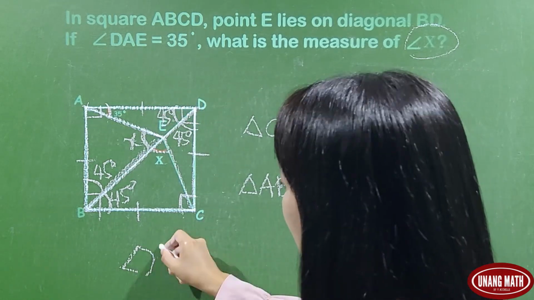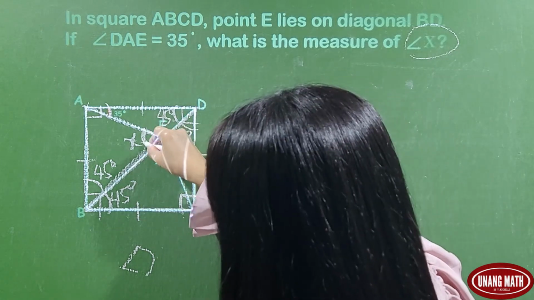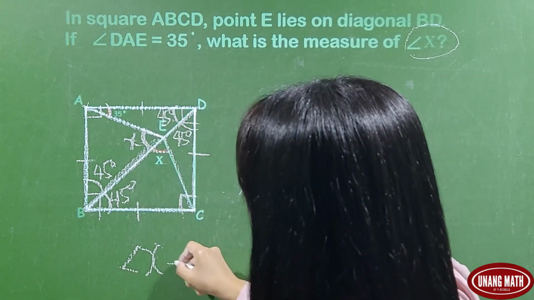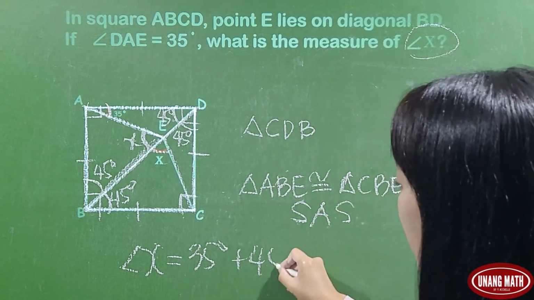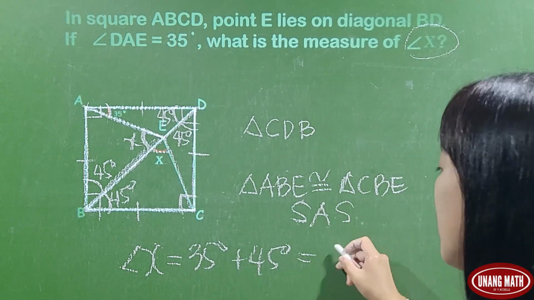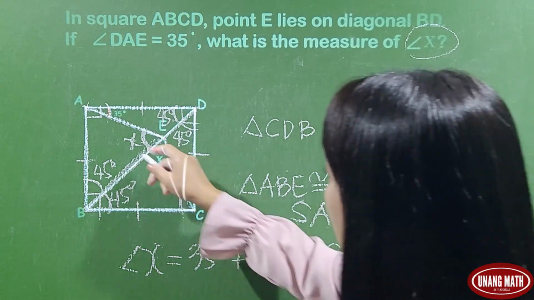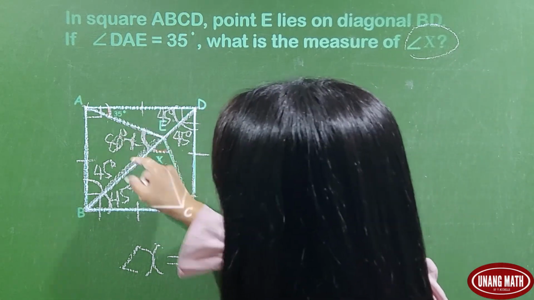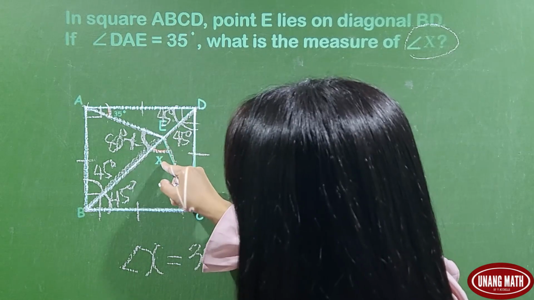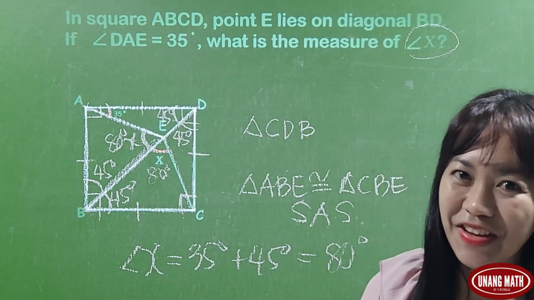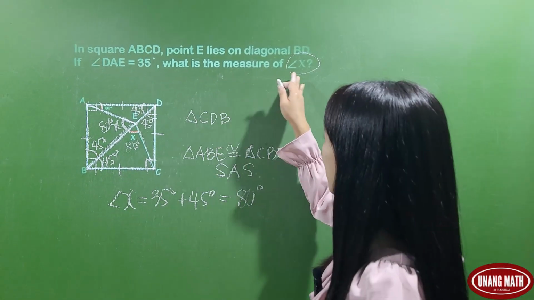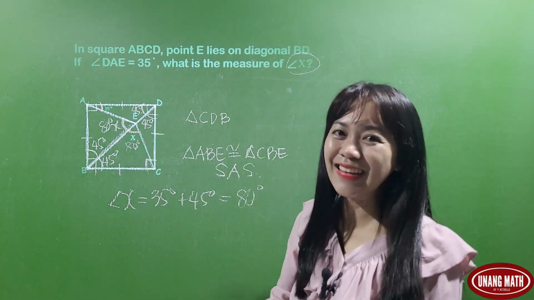So to find this angle, this is now 35 degrees plus 45 degrees, so this is 80 degrees. If this is 80 degrees, then this angle, or angle X, is also 80 degrees. So what's the measure of angle X? It's 80 degrees.